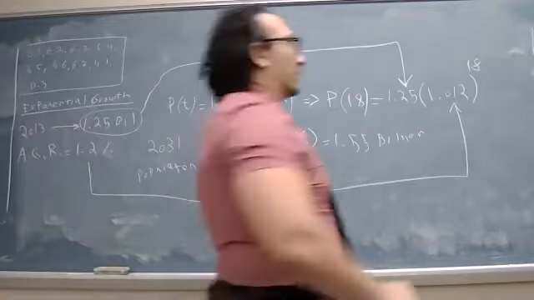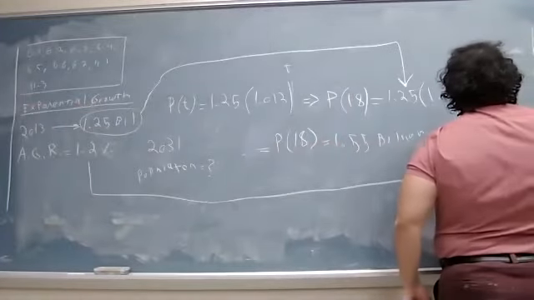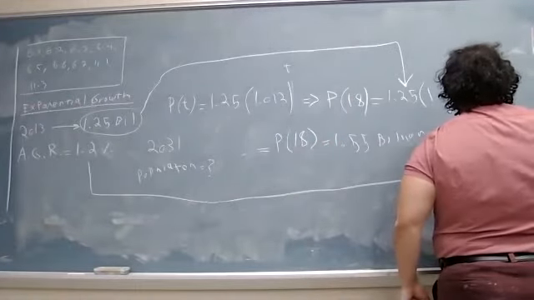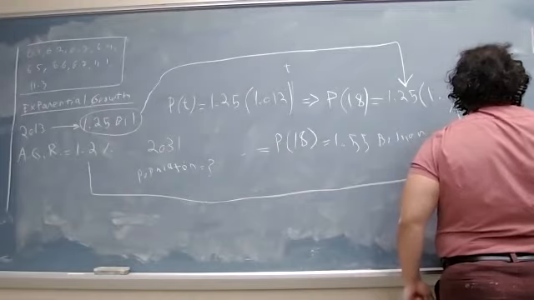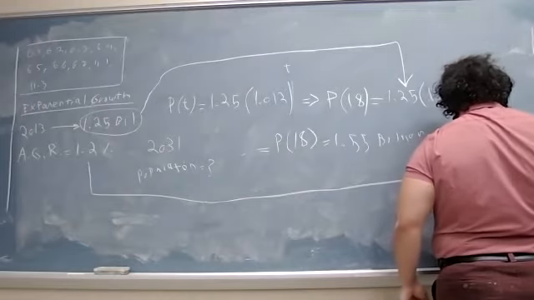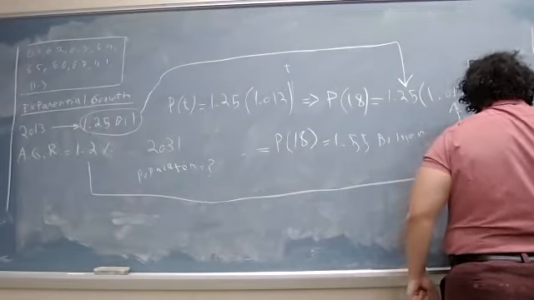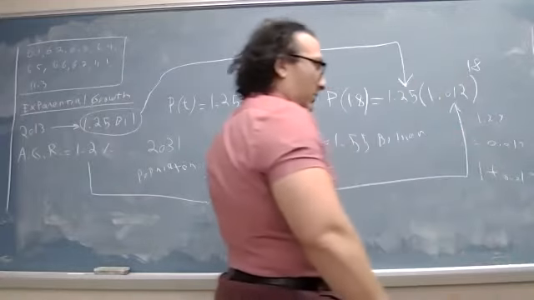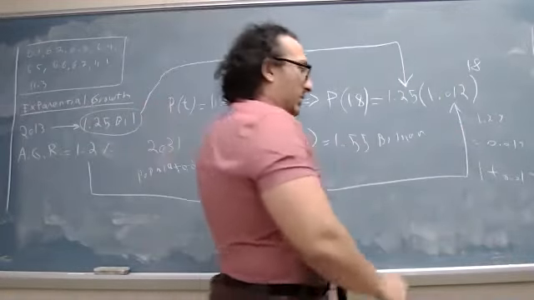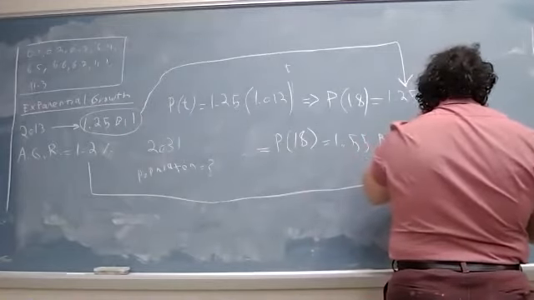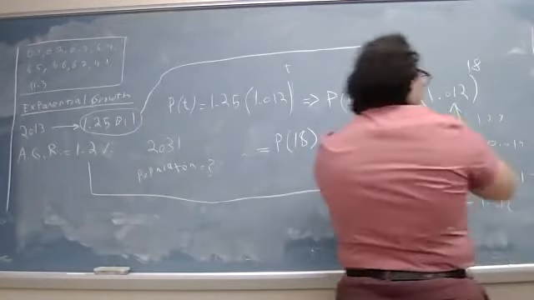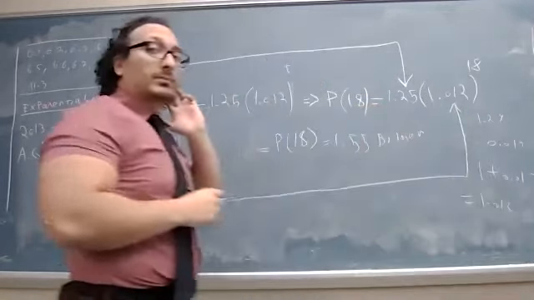Well, 1.2% is the same thing as 0.012. And what you do is you add 0.012 to the value of 1. And so that's when you get 1.012. And that's why that's 1.012.